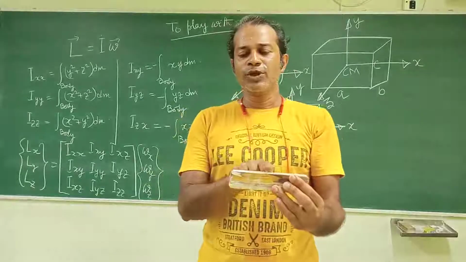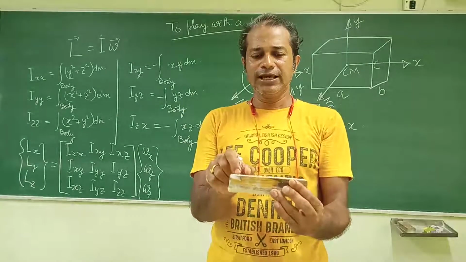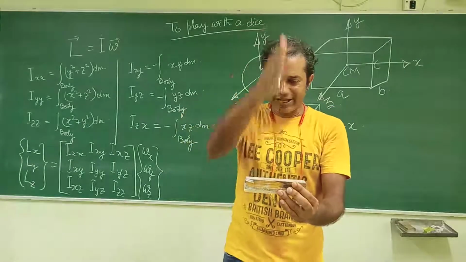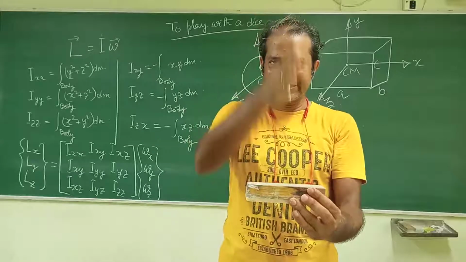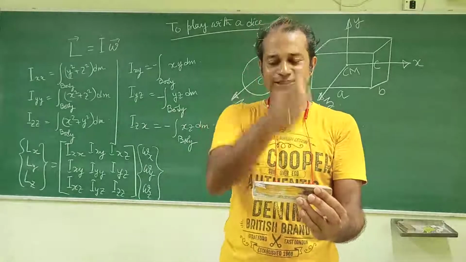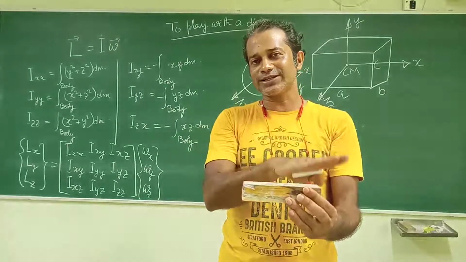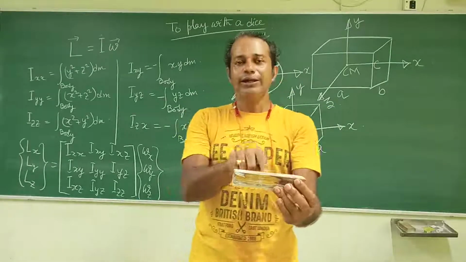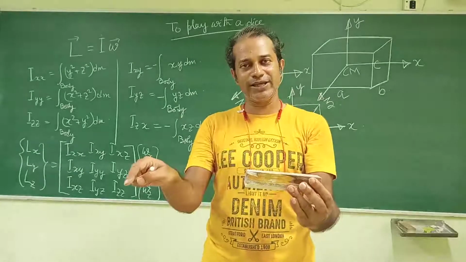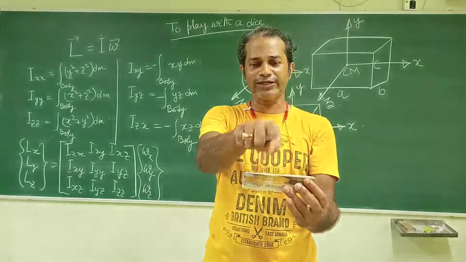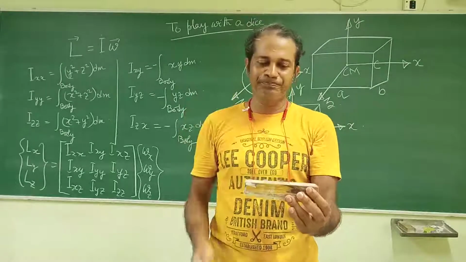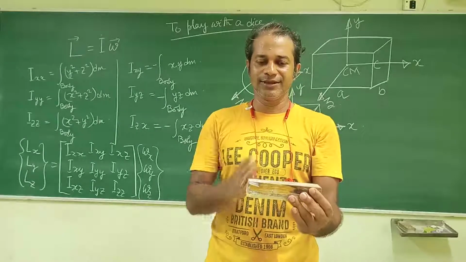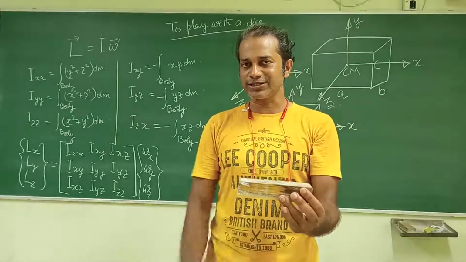Now look, for every positive x there is a negative x. So if you cut along the yz plane, you get two identical sections. Mind it carefully, just look at this duster sitting at the center of mass. This is my x-axis, this is my y-axis, and this is my z-axis. If I cut along the yz plane, I get two identical sections.